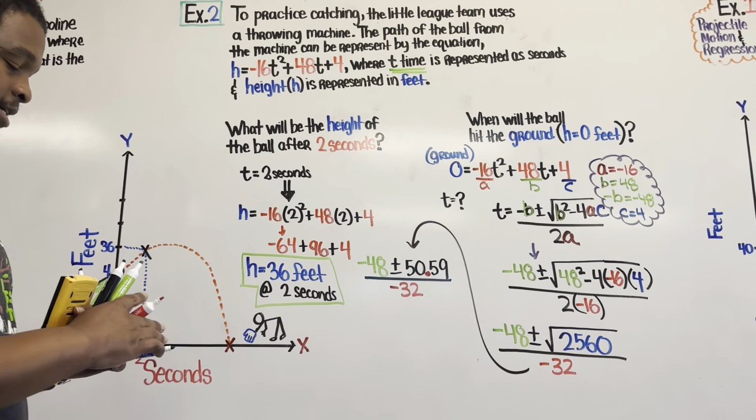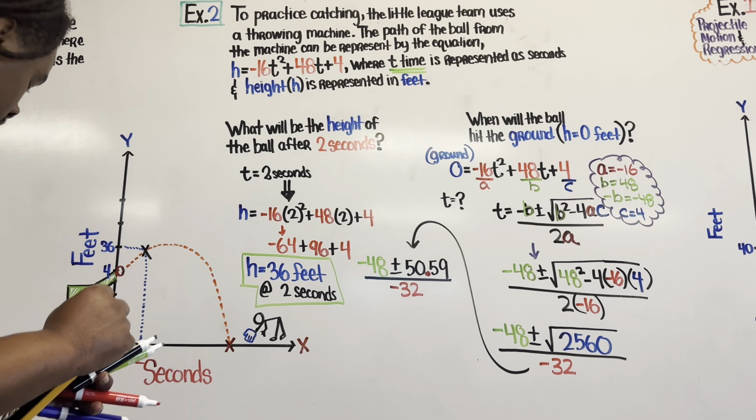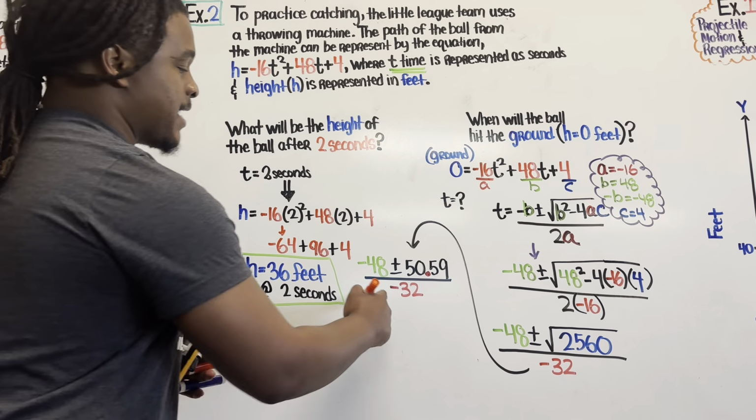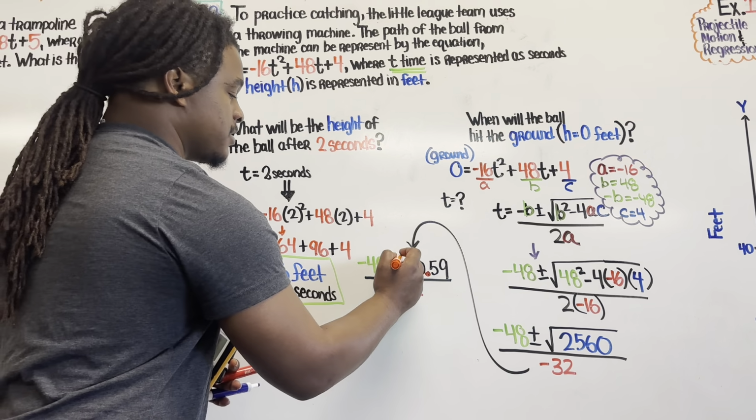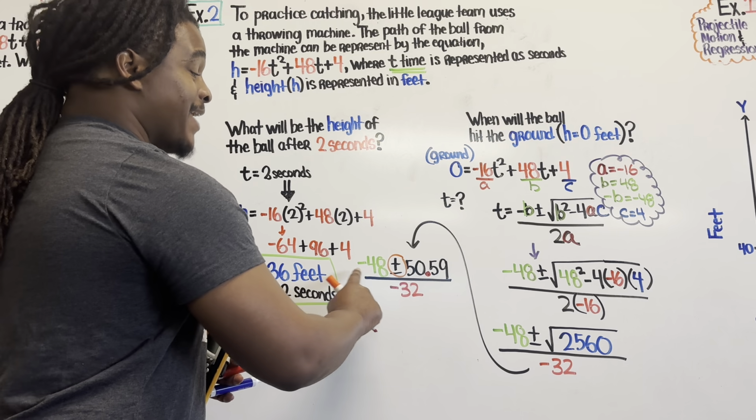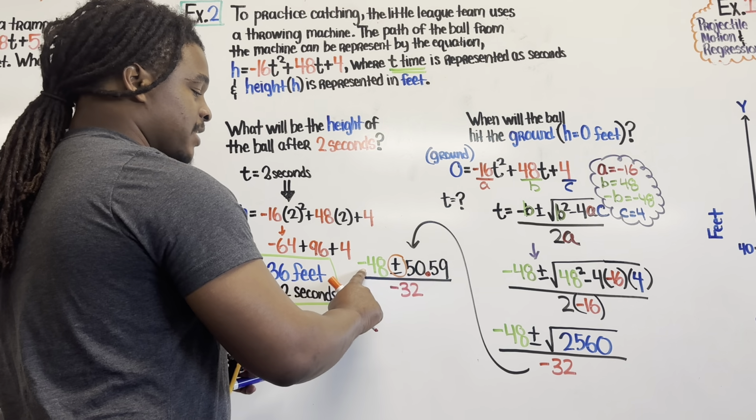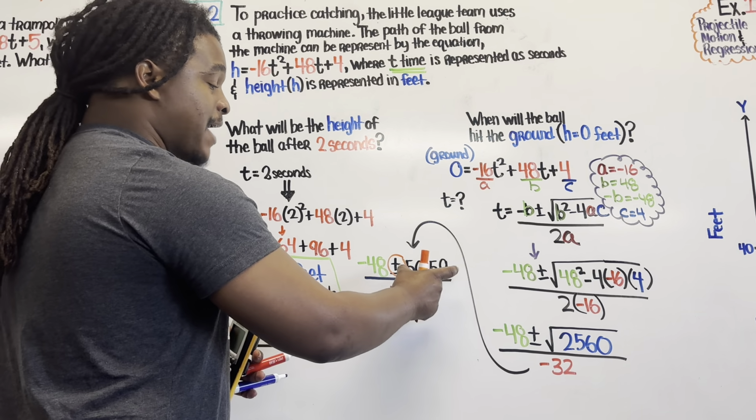So there are two different operations coming out of this formula, right? We can add 50.59 to negative 48, and we can subtract 50.59 from negative 48, and then divide by negative 32. Now, if we add 50.59 to negative 48, we're going to have a positive, and a positive divided by a negative is a negative.